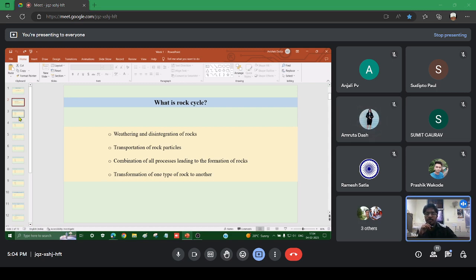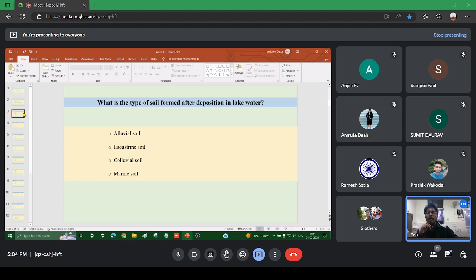The second question is, what is the type of soil formed after deposition in lake water?